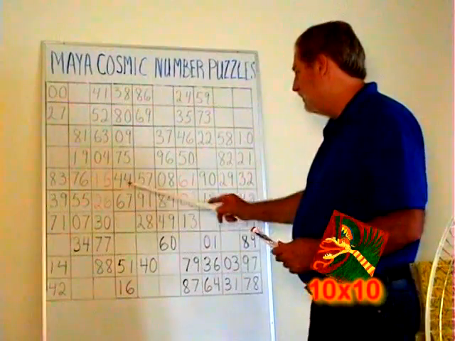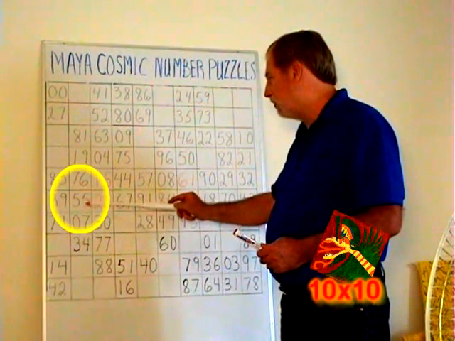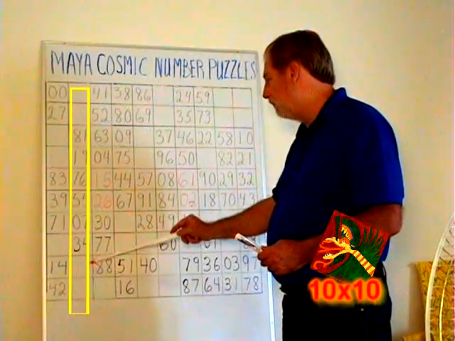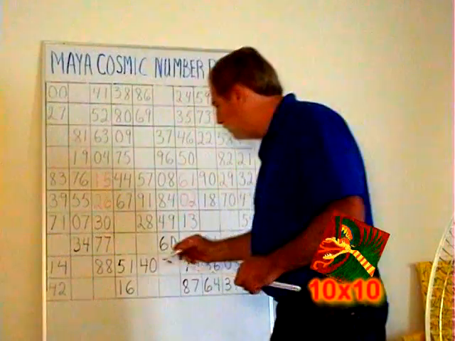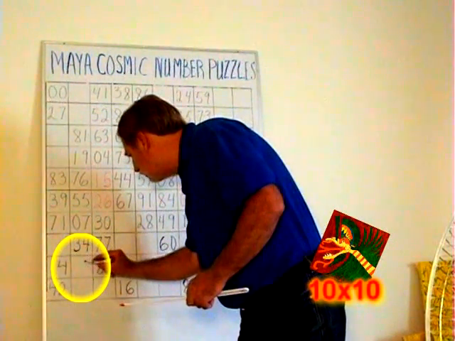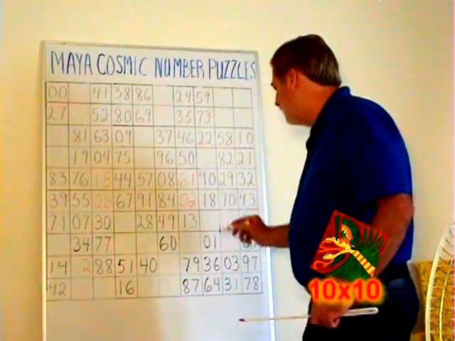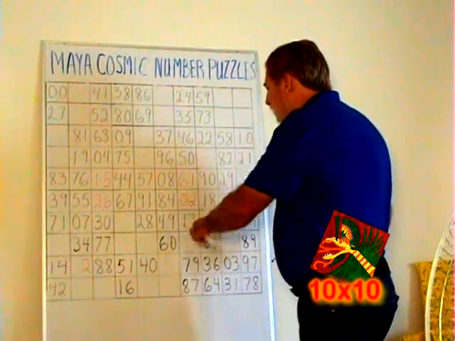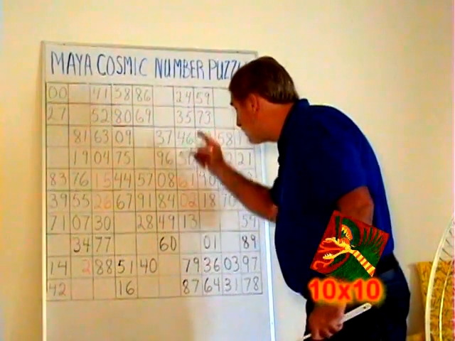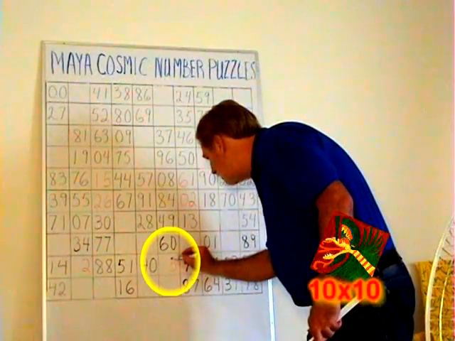We can see that we could not place the 5 here because there's already a 5 in this column. So we will place the 2 in this position here. And that means the 5 would go here. We can check and see that there are no 5s in this column, so that would make sense.